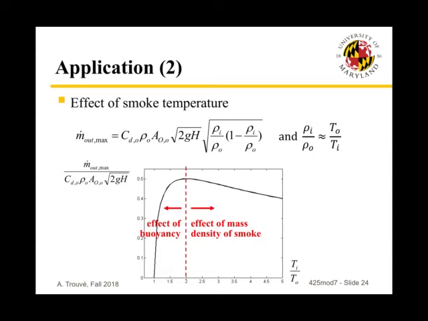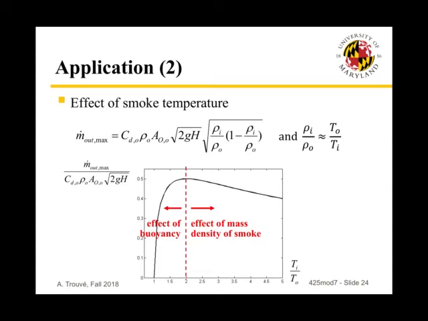So we have this expression that is formulated here as a function of square root of rho I divided by rho O times square root of 1 minus rho I divided by rho O, where rho I divided by rho O is equal to TO divided by Ti. Again, through the ideal gas law, the mass density rho I is related to the temperature of the smoke Ti.